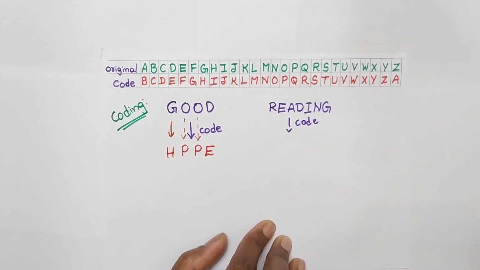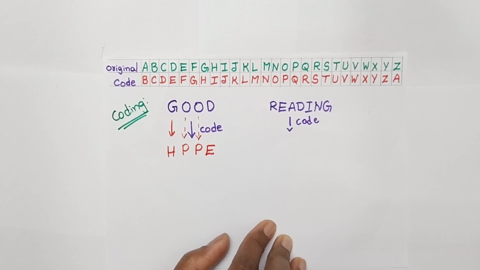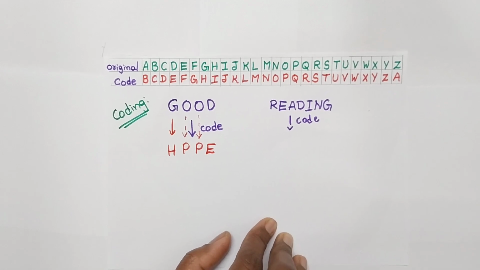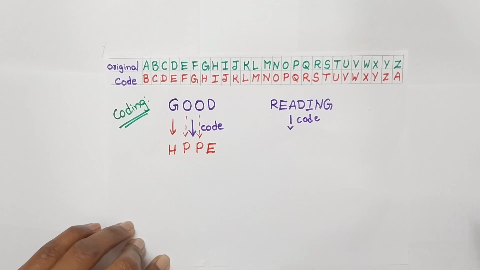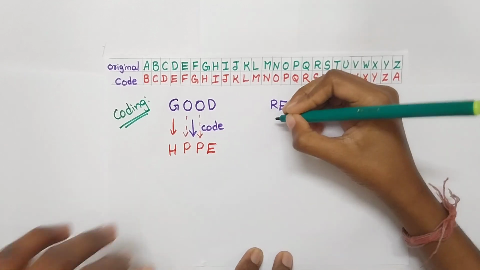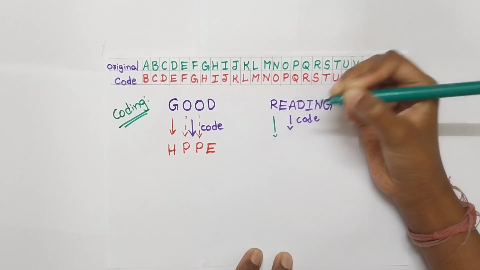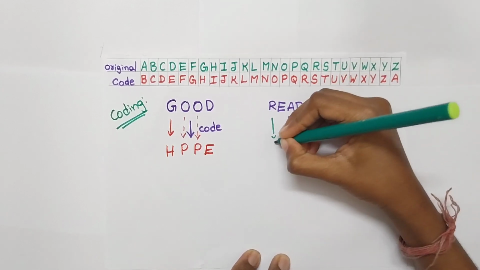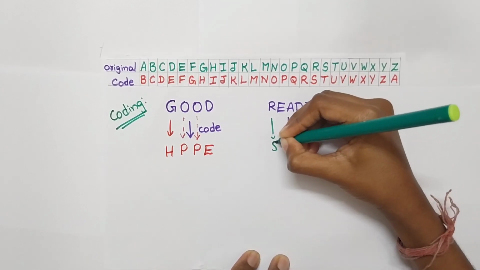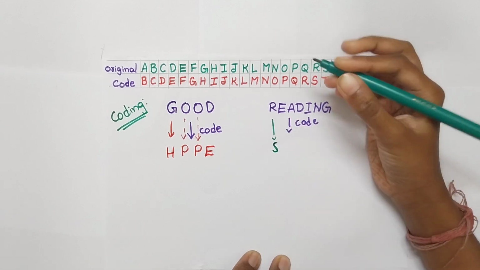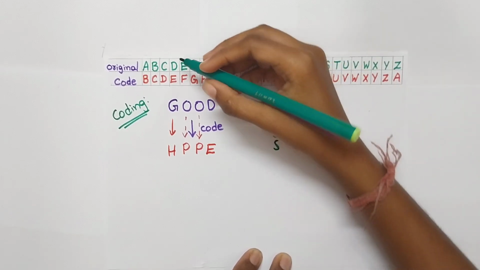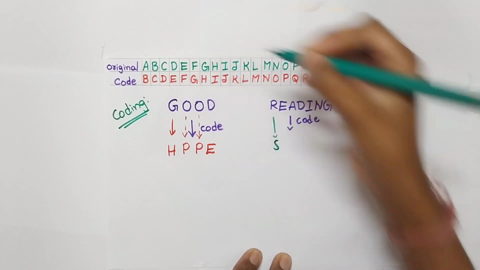So, for R, we have to write S. In the place of R, we write S. Now, for E, where is the E?